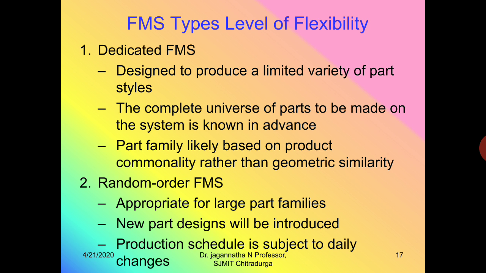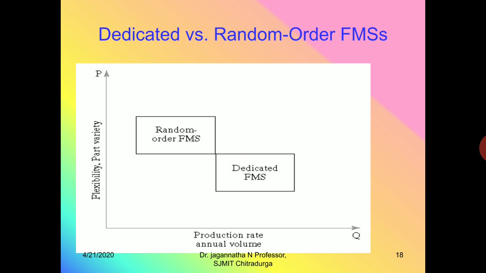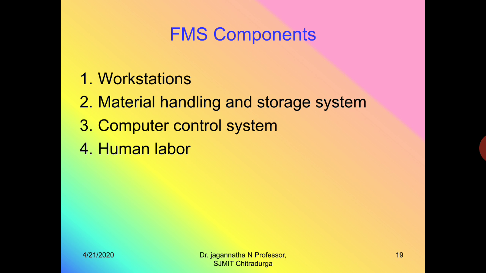The dedicated flexible manufacturing system is designed to produce only a limited variety of parts, whereas the random order system is appropriate for large part families, and new part designs can be introduced. This is the comparison between dedicated and random flexible manufacturing systems. In the dedicated system, the quantity will be high, and the productivity will be more in the case of the random flexible manufacturing system. Let us discuss the flexible manufacturing system components.